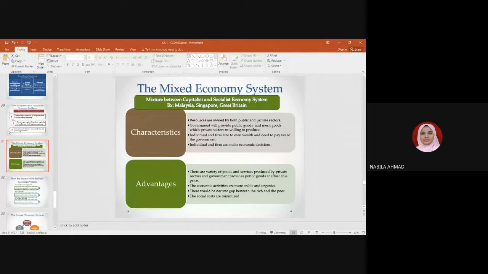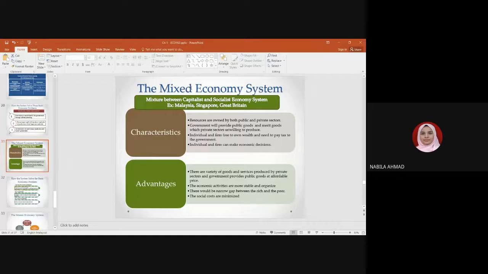Okay, ada satu lagi disadvantage. Disadvantage ada juga disadvantage, keburukannya ada. Sebab negara kadang-kadang walaupun mixed economic system, ada negara yang terlalu control by government. So government dah jadi macam dictator. Ya, maknanya when government control too much in the country, they are monopolize in the country.